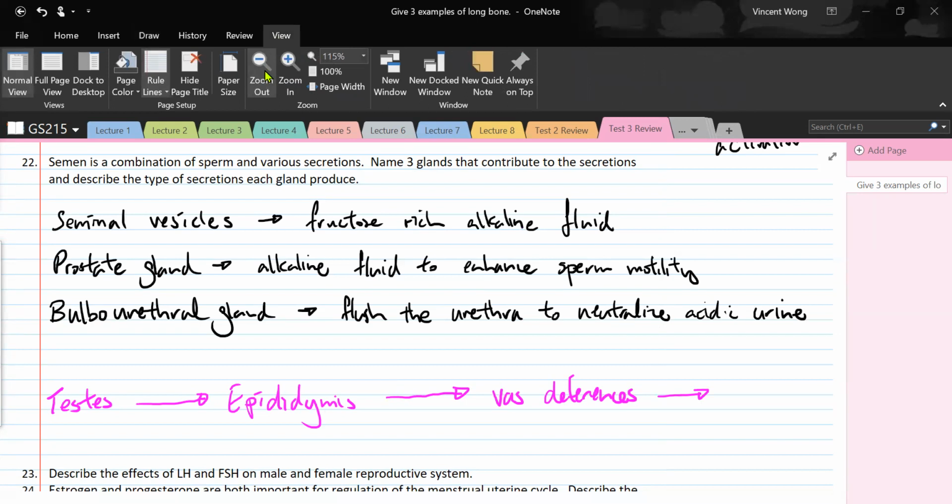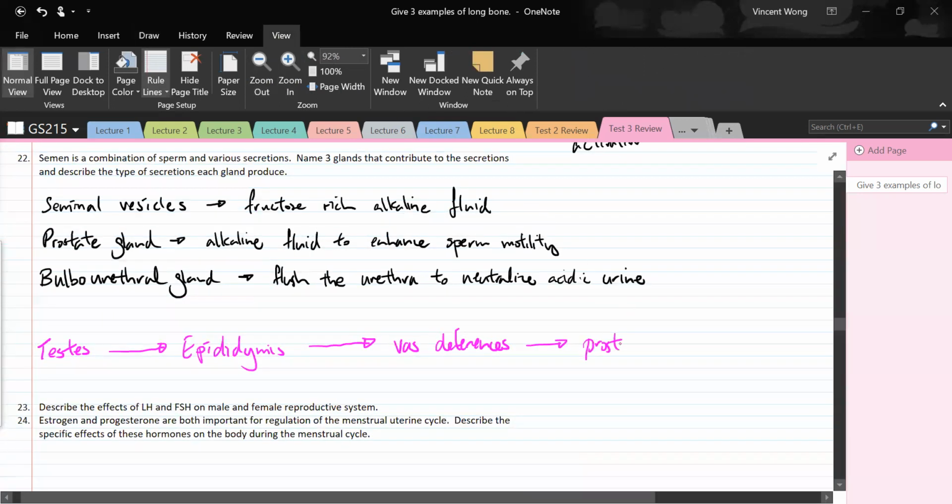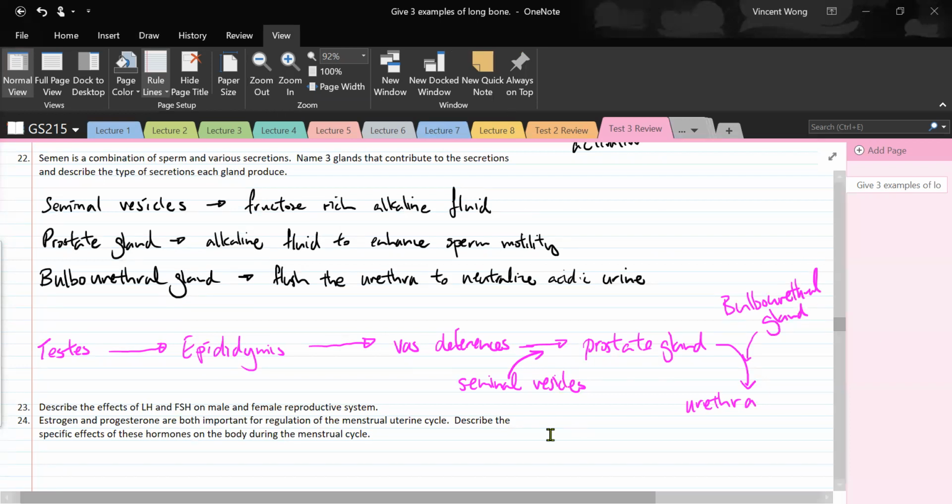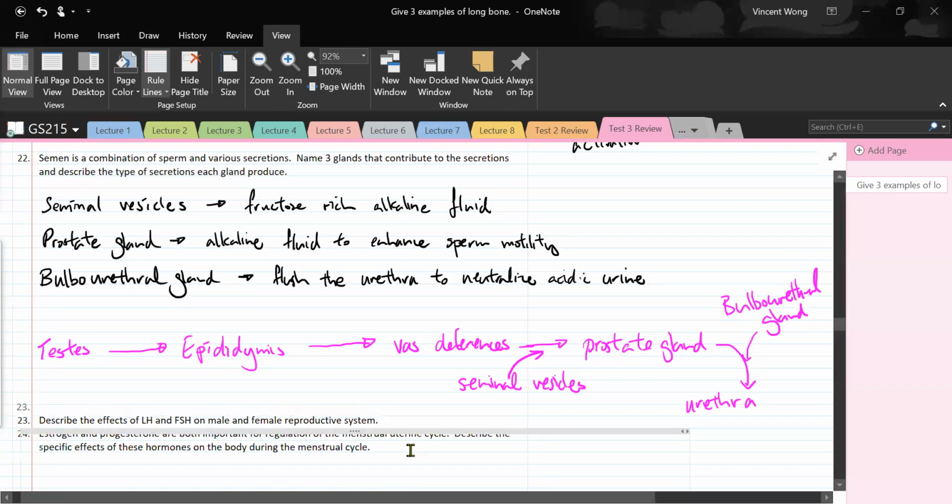The vas deferens will go through the prostate gland, and before that, the seminal vesicle will add its content. And then from the prostate gland, it will merge with the urethra, but not before the bulbourethral gland adds its content.